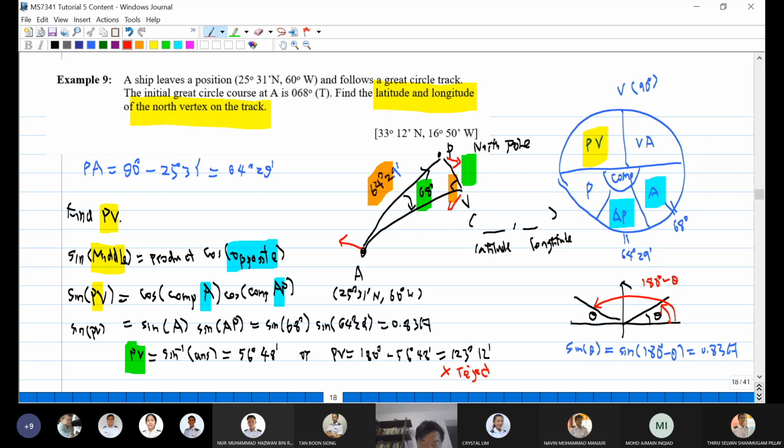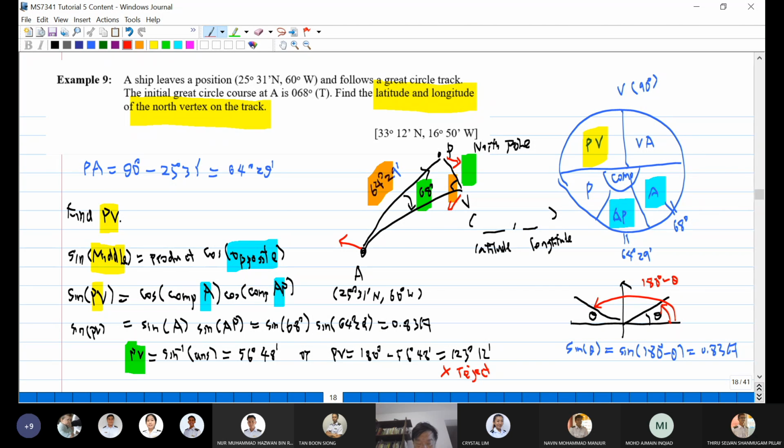So whatever you get, I know that sine PV is 0.8367. So another possibility is 180 minus theta, which also has 0.8367. So there are two possible answers here. This will happen for sine. This is a disadvantage of the sine function. You always have two possibilities.